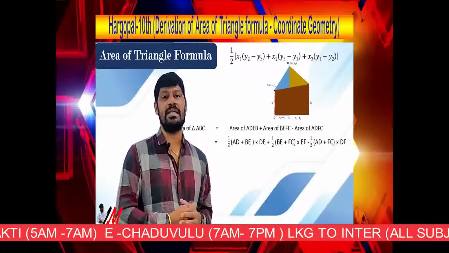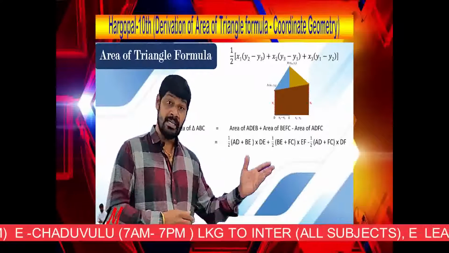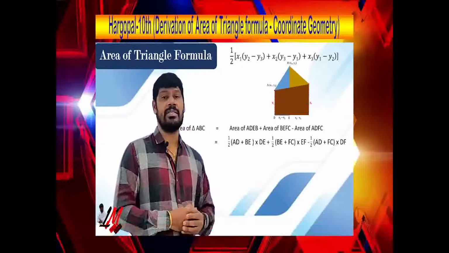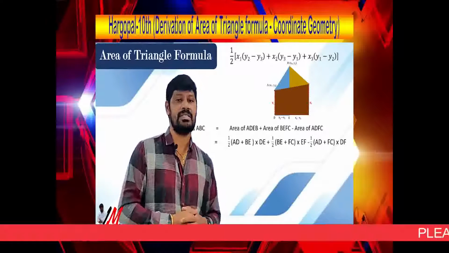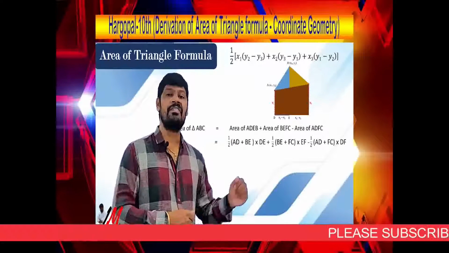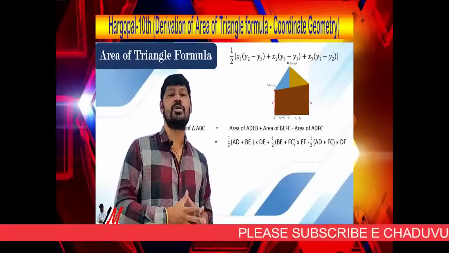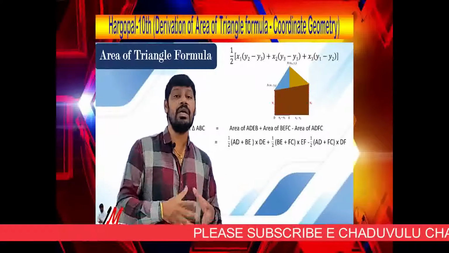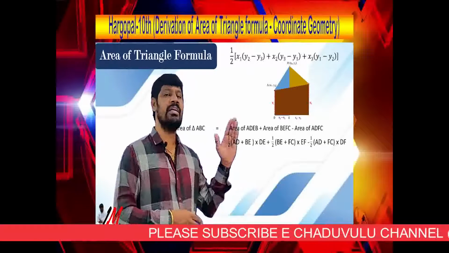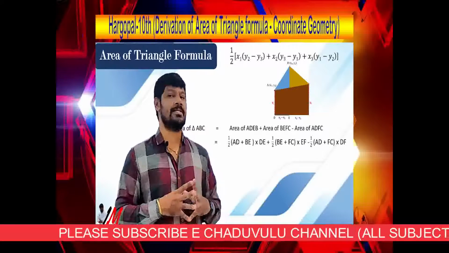Now minus, so we added these two trapeziums and minus the final trapezium. What is the trapezium? ADFC, I showed. So half into AD plus FC into DF, where DF is going to be the height of that trapezium. What is the DF here? I did not mention it anywhere in the diagram. DF is going to be x3 minus x1, right?